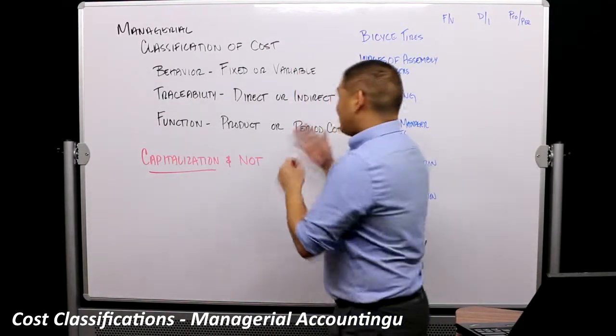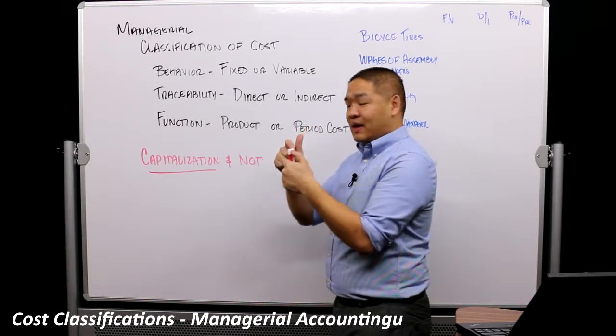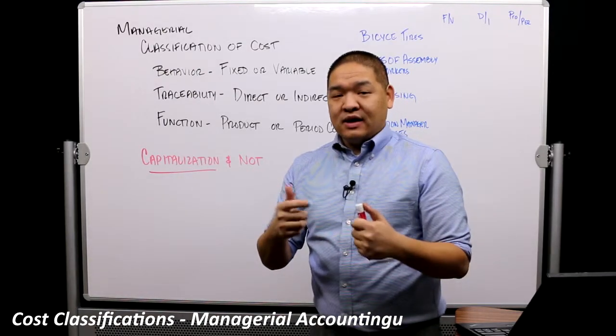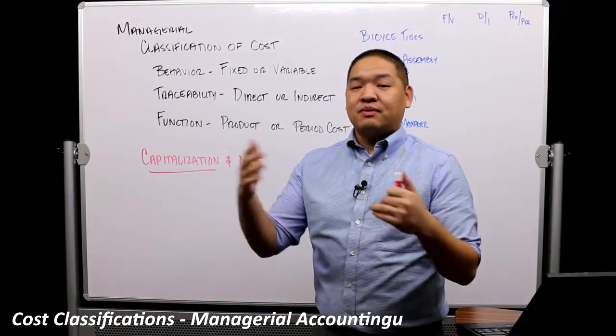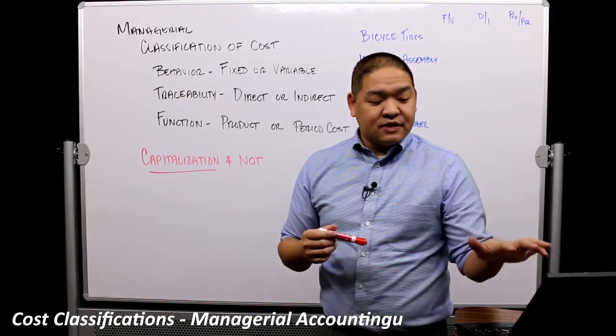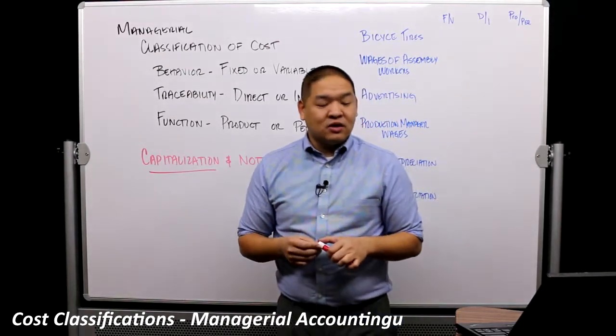I know that the customer gets the glue, but I'm not going to directly figure that out because of cost versus benefit. The cost of doing it is going to outweigh the incremental benefit that I'm going to receive. The other indirect cost definition that we said was costs that cannot be easily traced to a single cost object.